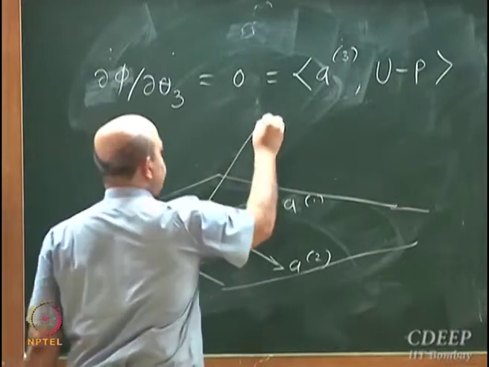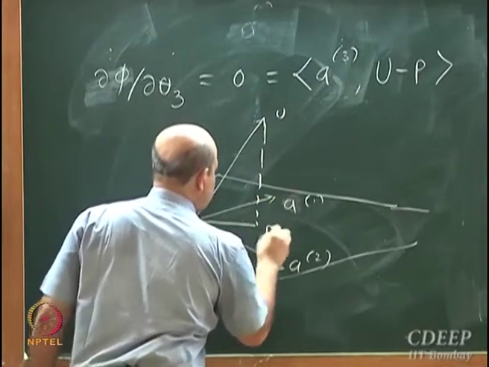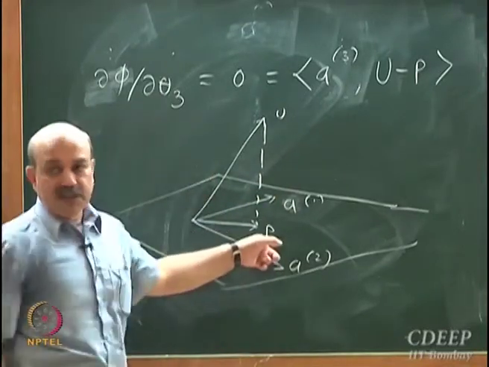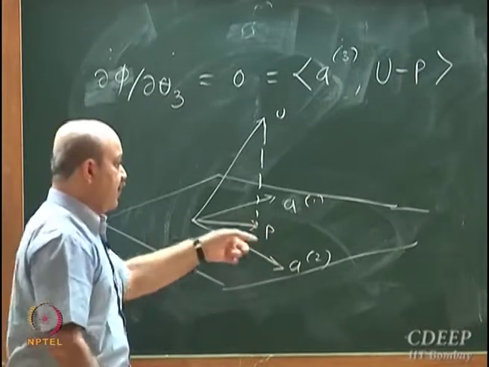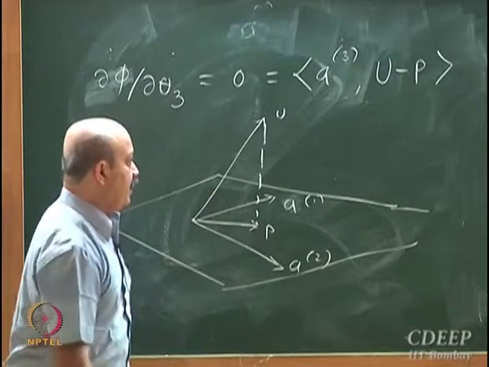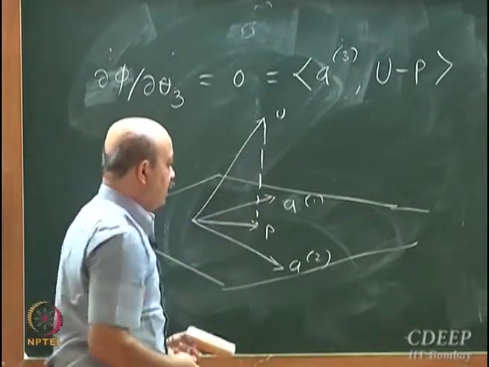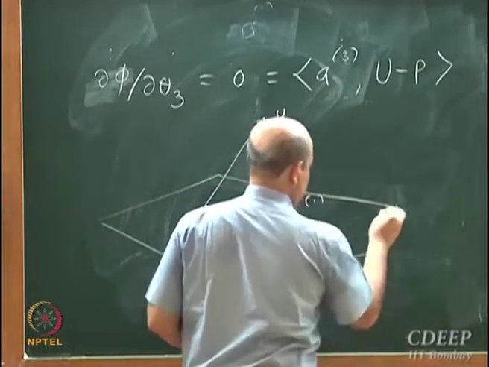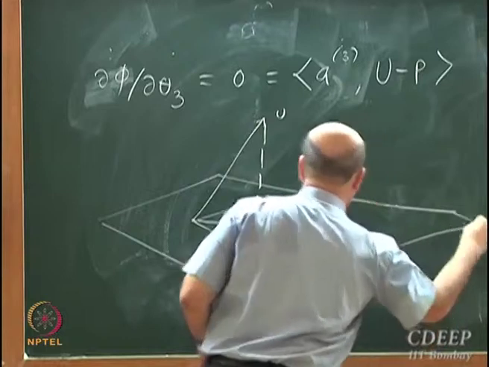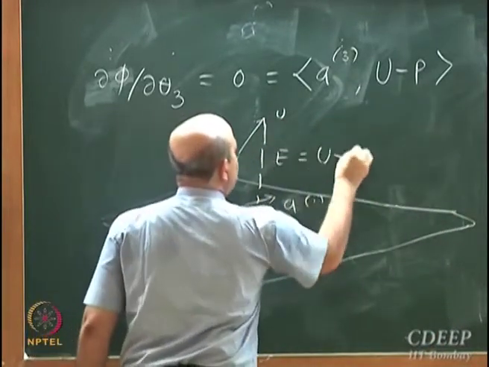Then this is the projection vector p, and this error vector E here is u minus p.